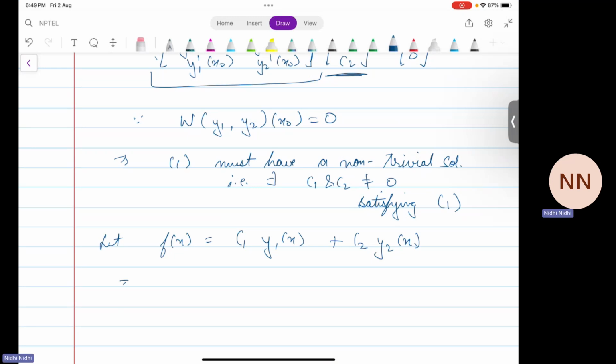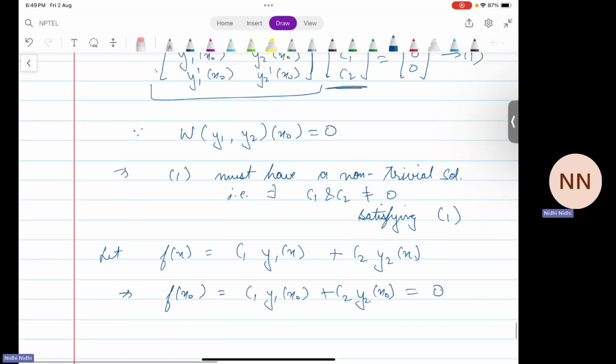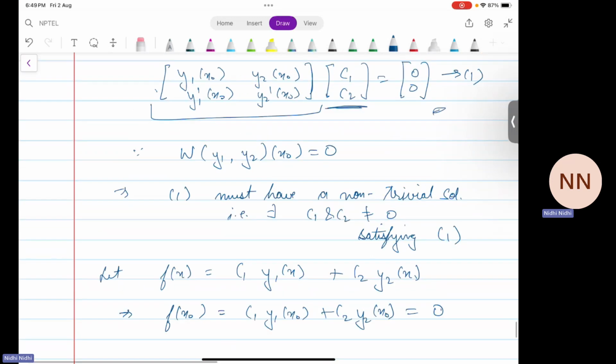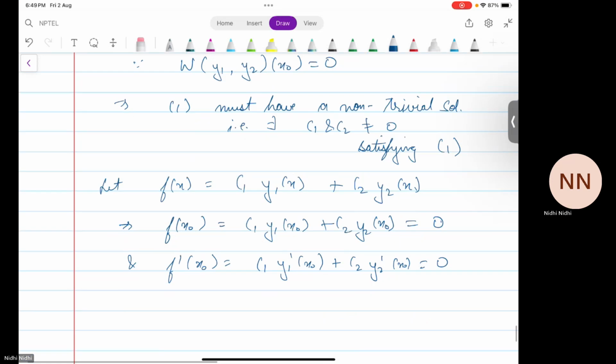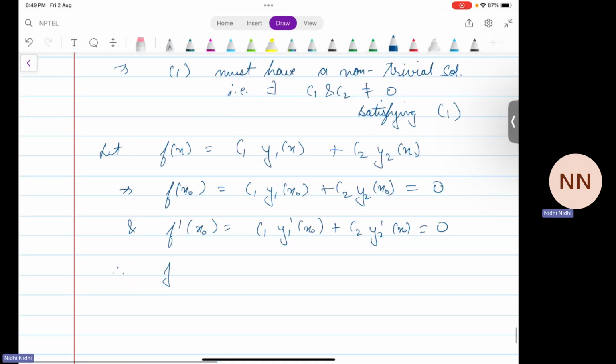So this gives us f(x naught) is equal to c1 y1(x naught) plus c2 y2(x naught), which was 0 because c1, c2 is a solution of the system 1. And similarly, f dash(x naught) is equal to c1 y1 dash(x naught) plus c2 y2 dash(x naught), which is equal to 0. Therefore, we have f(x naught) is equal to 0 and f dash.